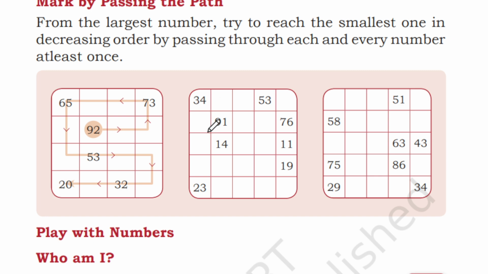Okay. So let's start. Here we have to try to reach the smallest one. So we have to start from the largest digit. So here 95. So 95 to 76, 76 to 53, and we have 34. So 34 to 23.